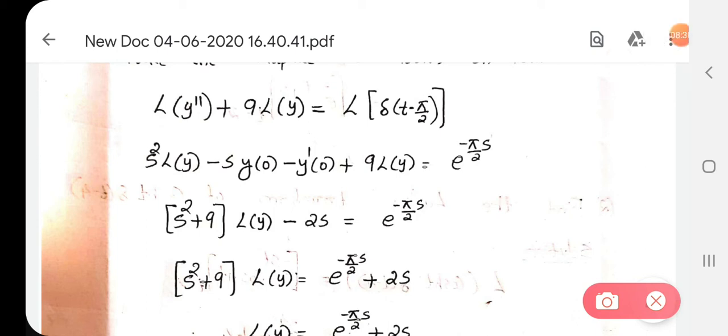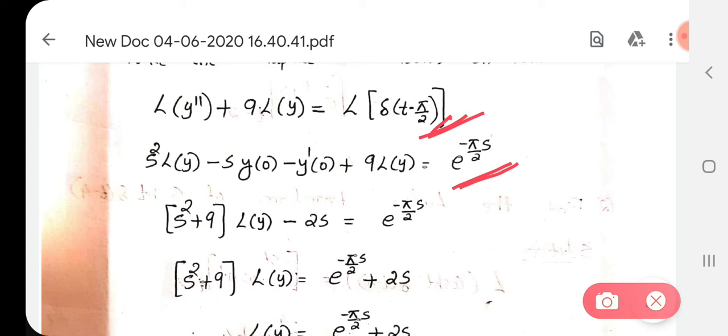We know that the Laplace transform of delta t minus a is e raised to minus as. So the Laplace transform of delta t minus pi by 2 is e raised to minus pi by 2s, because here a is pi by 2.